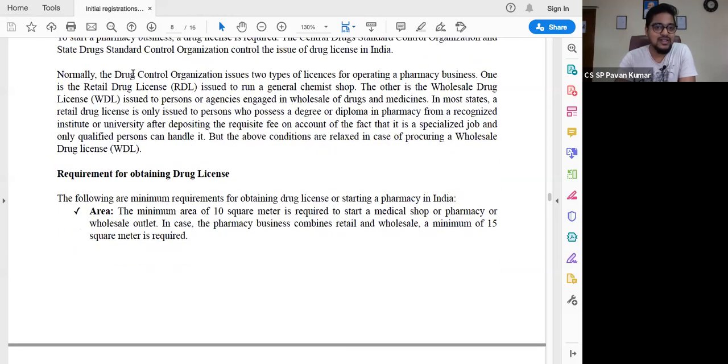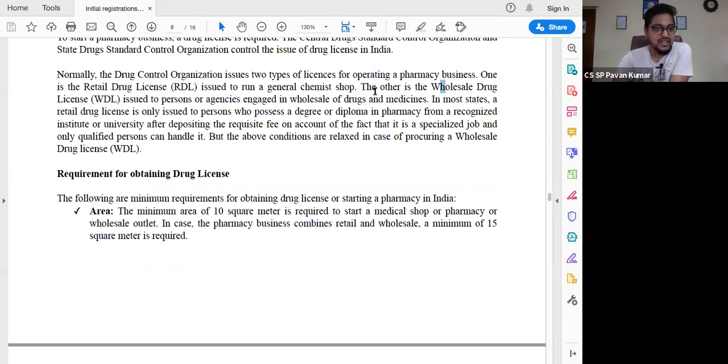Normally, the Drug Control Organization issues two types of licenses: a retail drug license and a wholesale drug license. Retail drug licenses are for the small medical shops which we see outside, and wholesale drug licenses are normally for the godown areas which supply in bulk to these retailers.